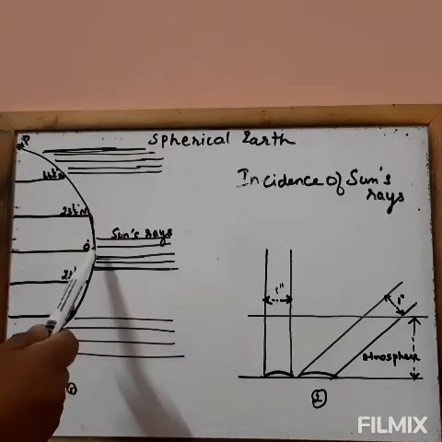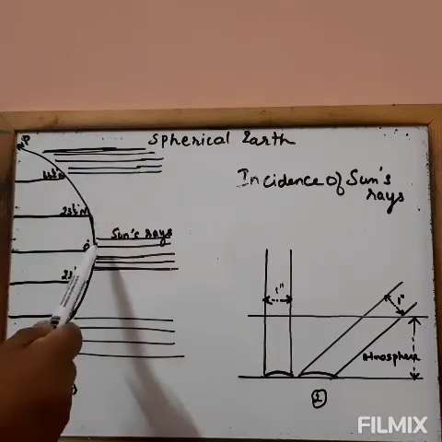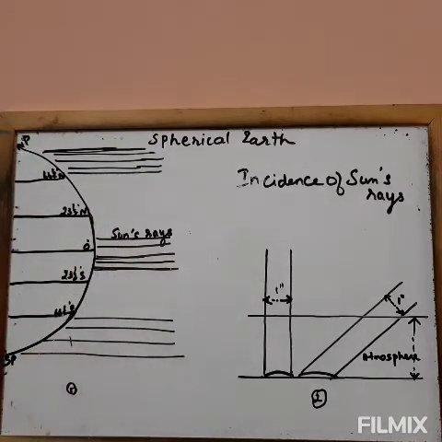So what happens? The surplus energy is transported through ocean currents and wind. So this is how it is transported to the middle and high latitudes. Such transfer of heat energy takes place by circulation of winds and ocean currents.